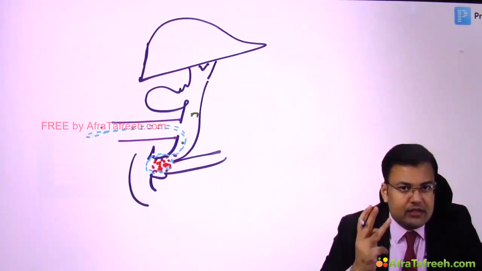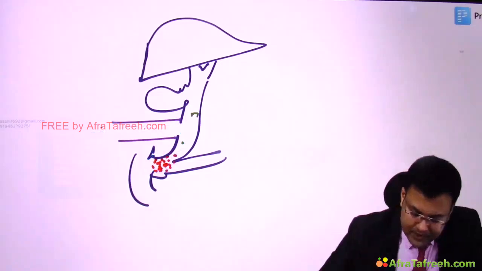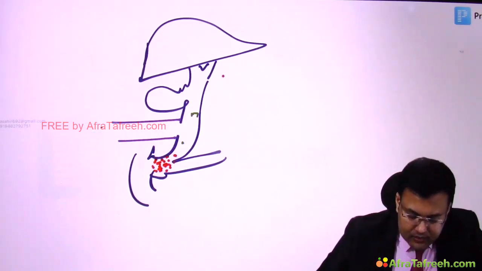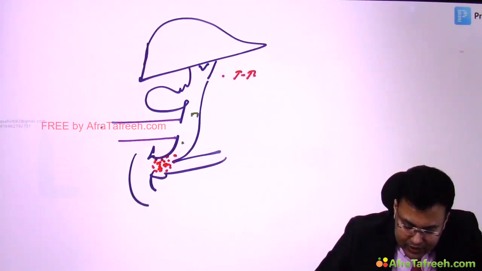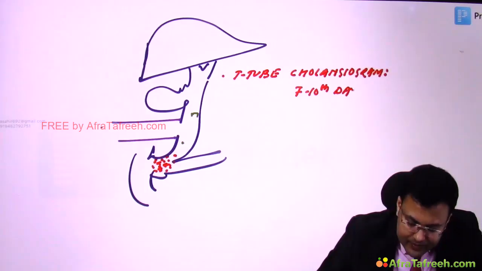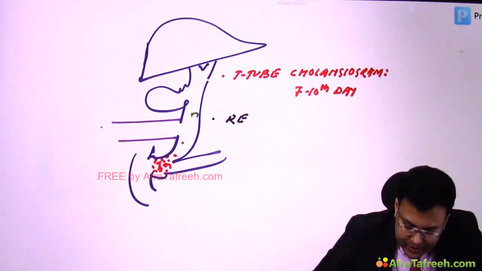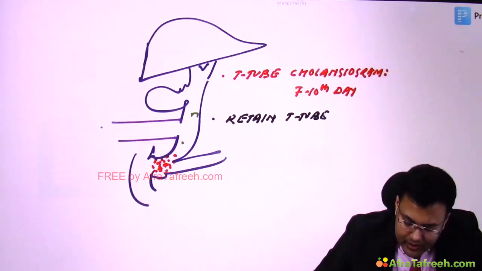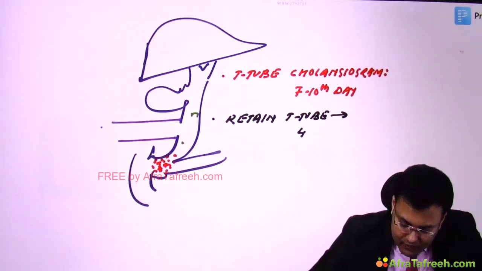So there are 3 questions which are asked. See the questions. First, on which day T tube cholangiogram is done? It is done on 7th to 10th day. In cases of distal filling defects, retain the T tube for 4 to 6 weeks.